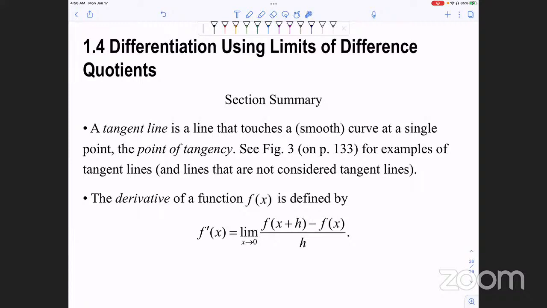The derivative of a function is defined by, so f prime of x, which is the derivative, is going to be the limit as h tends to 0 of basically the difference quotient.